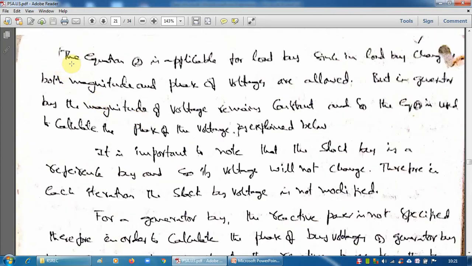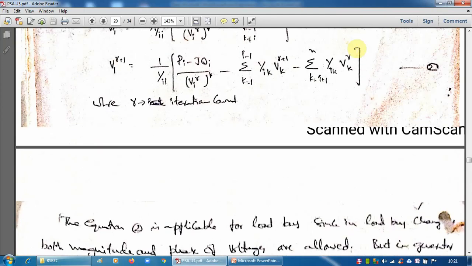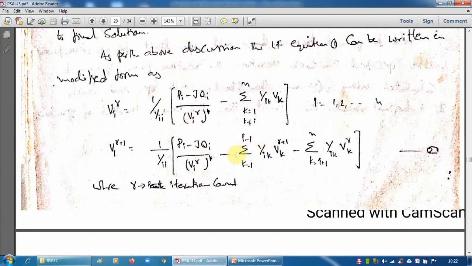You see here it is mentioned. As per the discussion, if we are calculating V2 of 1, we can substitute V1 of 1 fresh value, and if we are calculating V5 of 1, we can substitute fresh values of up to V4.